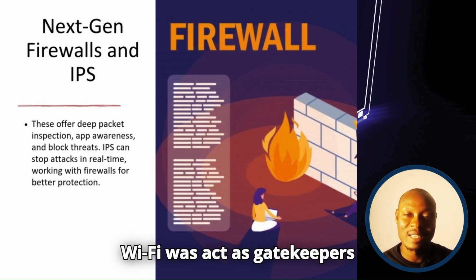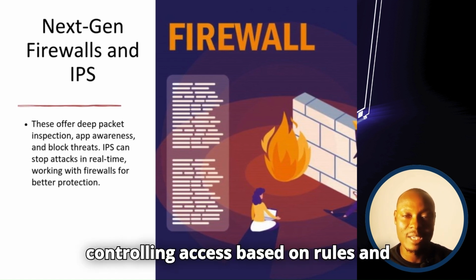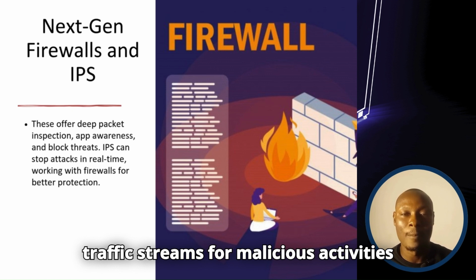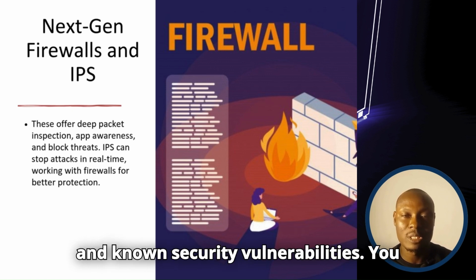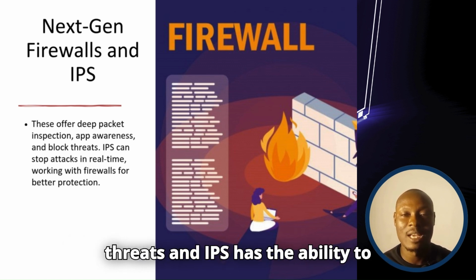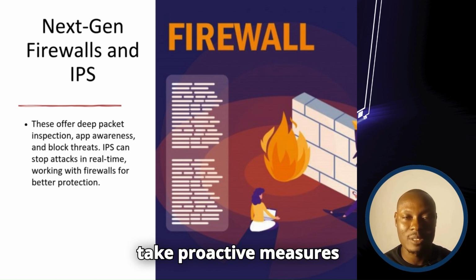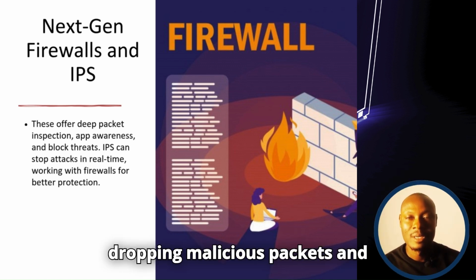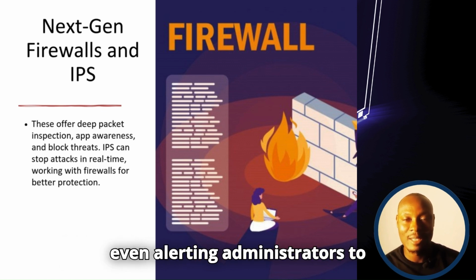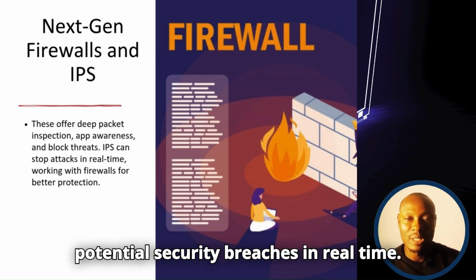While firewalls act as gatekeepers, controlling access based on rules, an IPS actively monitors network traffic streams for malicious activities and known security vulnerabilities. This goes beyond simply detecting threats. An IPS has the ability to take proactive measures, dropping malicious packets, terminating suspicious connections and even alerting administrators to potential security breaches in real time.